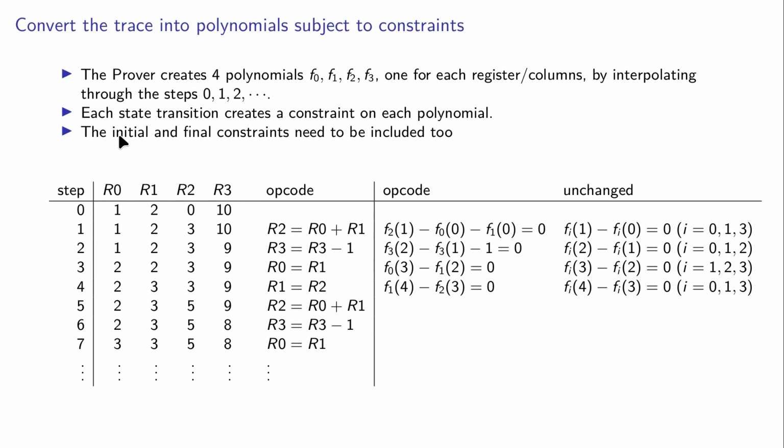I didn't say that we also need to include the initial and the final constraints. I didn't put them here because it would make the table too confusing. But of course we get that f0 of 0 equals 1, f1 of 0 equals 2, etc.